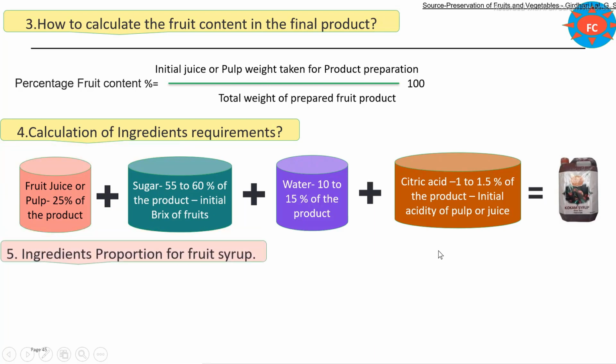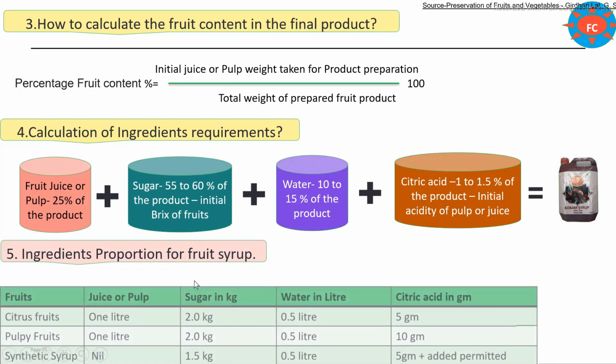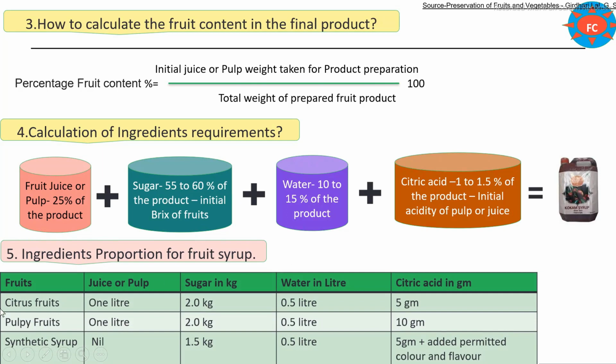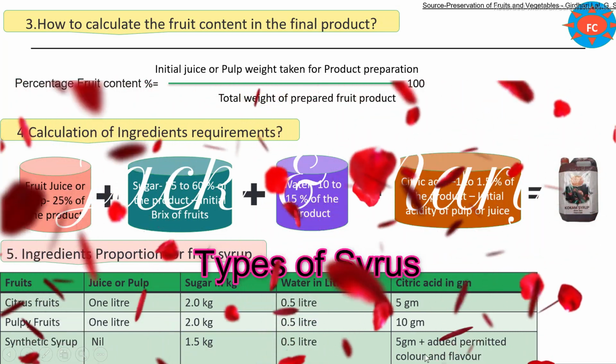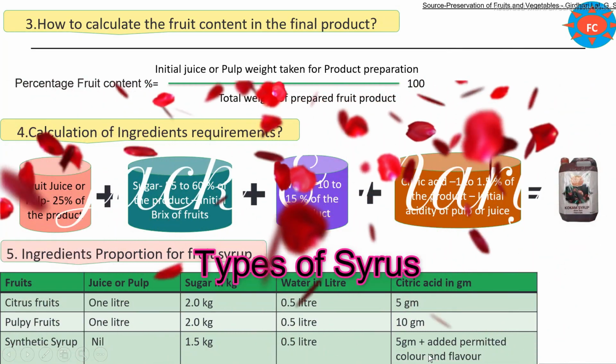Friends, the ingredient proportions for the different fruit syrups. These are examples in which the basic citrus fruits have minimum juice requirement, sugar, water and citric acid. Similarly, for the other fruits, these are the ingredient proportions used for the preparation of the syrup.